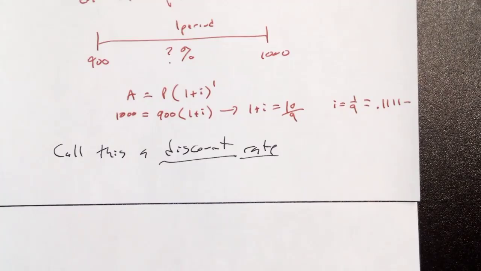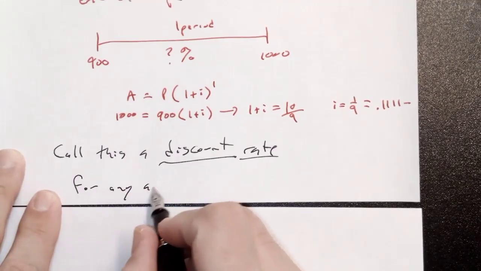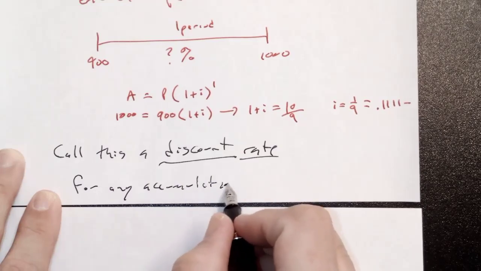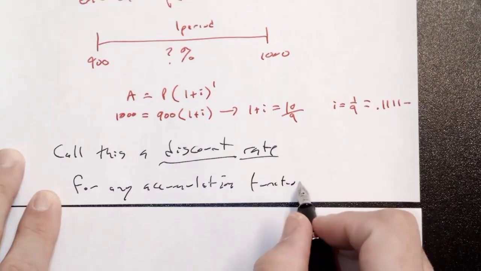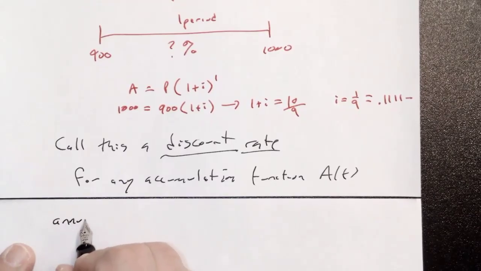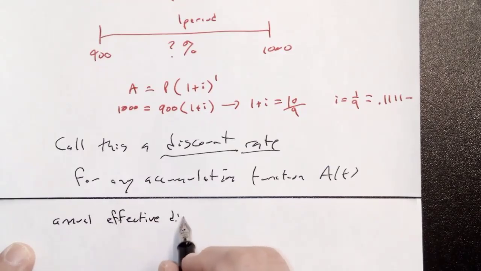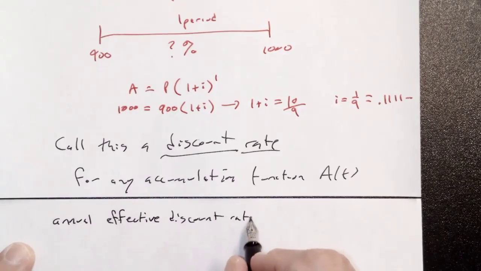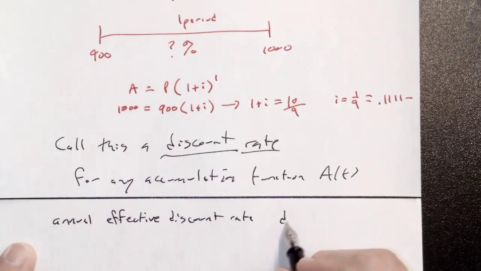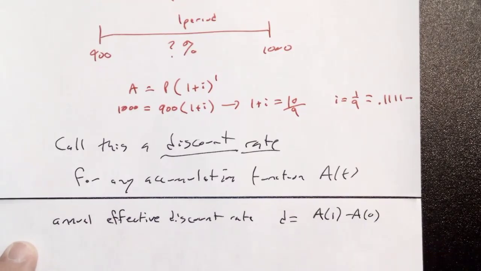For any accumulation function A of t, the annual effective discount rate d is A of 1 minus A of 0 over A of 1.